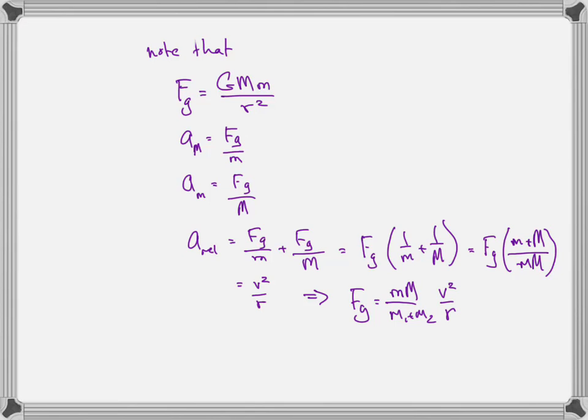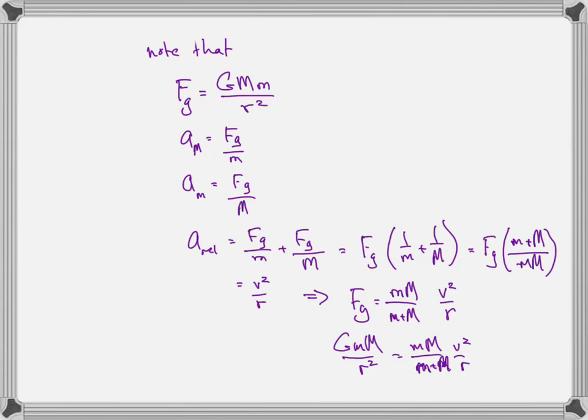In other words, G little m big M over r squared equals little m big M over m1 plus m2. Sorry, m1 plus m2, this is little m plus big M. I probably should have done that to differentiate them from the beginning.